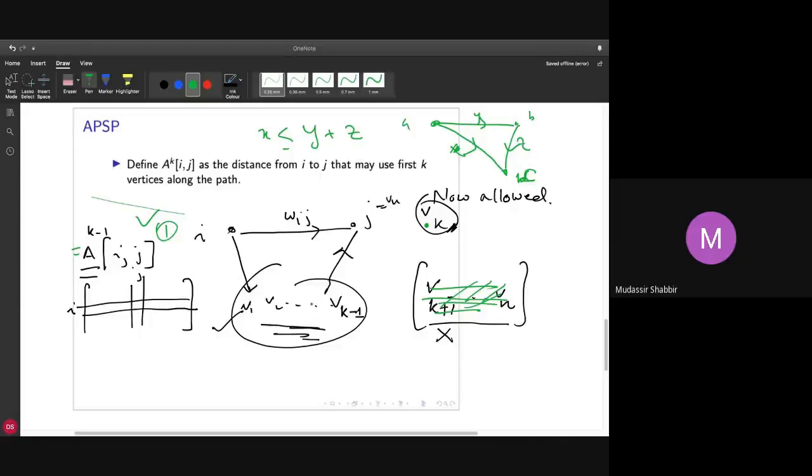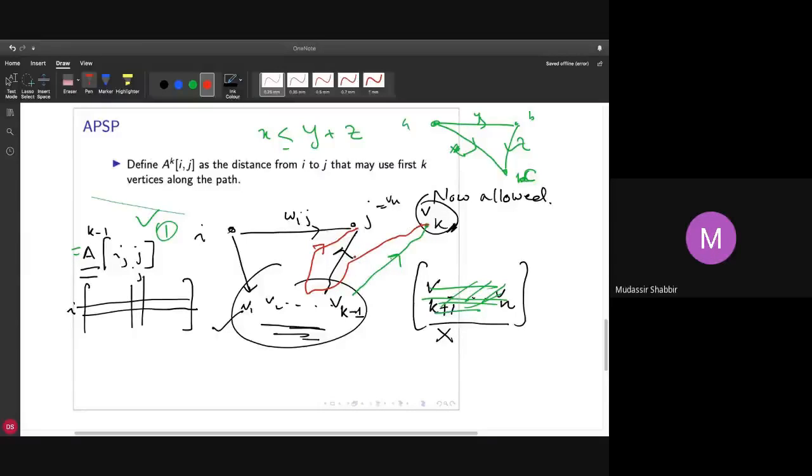The second option is that the shortest path actually goes through k. Which means there will be a path within these vertices which goes to k. Let me use red to show you the other end. And then there is some other path which goes through some of these vertices and then goes to J. And this is the shortest path.